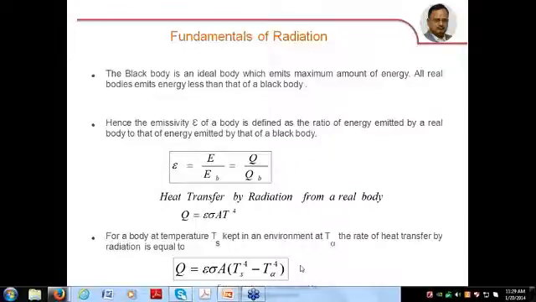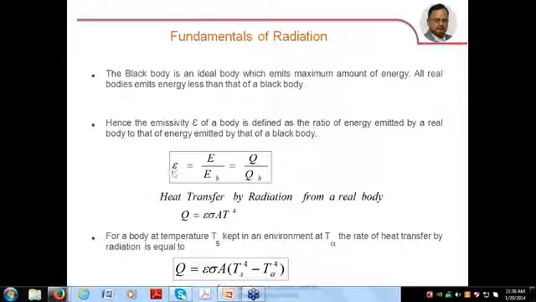So now fundamentally the radiation heat transfer is governed by the Stefan-Boltzmann law, which says that the amount of energy emitted by a black body is directly proportional to its area and the fourth power of its absolute temperature. All real bodies cannot emit as much energy as a black body.